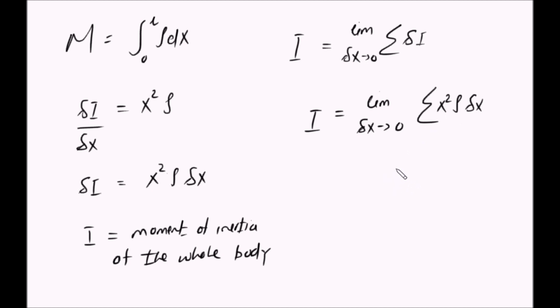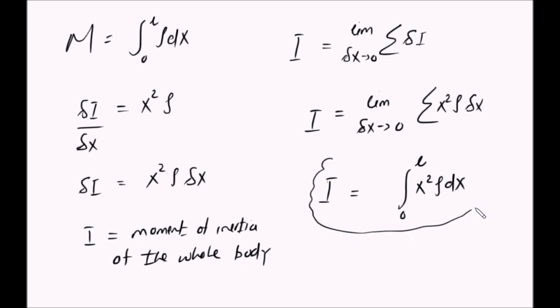But integration now is the limit of a sum. Kwa hiyo I itakuwa ni sawa na uintegrate x squared times rho, so hii delta tunatoa tunaweka d, from 0 to L. Kwa hiyo hii ndo nini? Moment of inertia of the what? Of the continuous body.